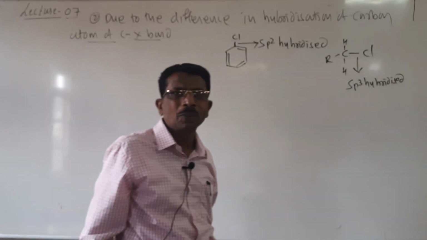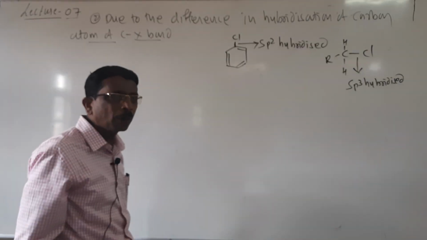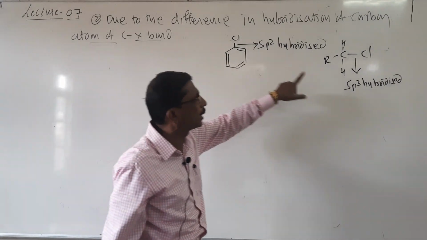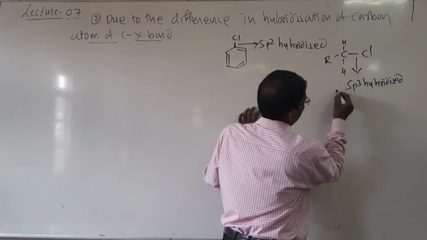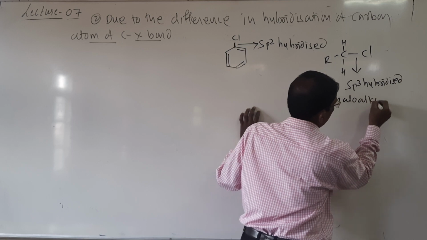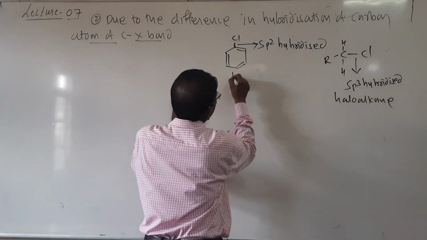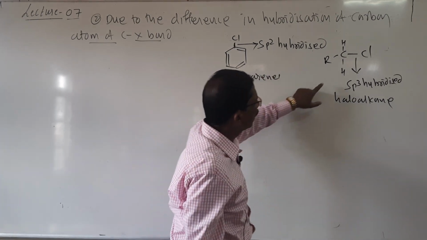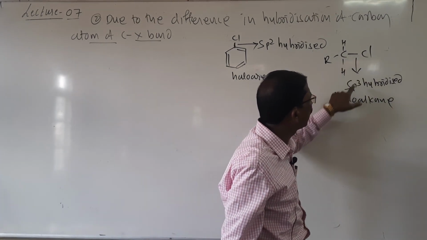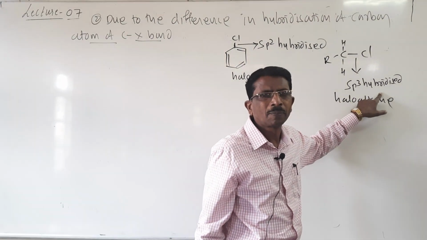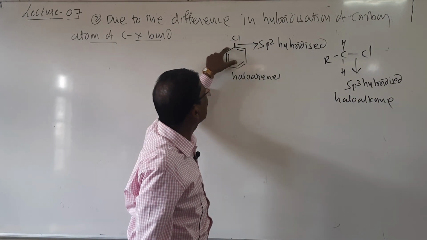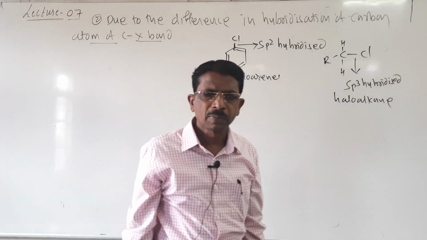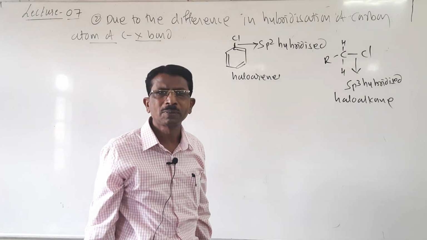Then, so what is the effect here? Look here students, here the first one, in haloalkanes, here it is haloalkane, it is haloarenes. So here in haloalkane, the C-Cl bond is sp3 hybridized, and in haloarene, the C-Cl bond is sp2 hybridized.